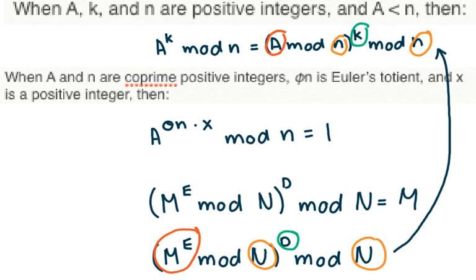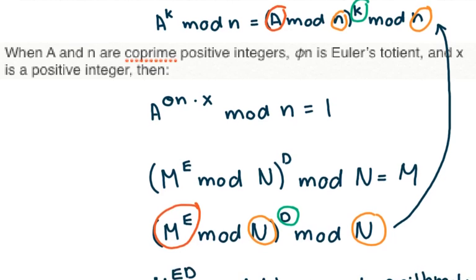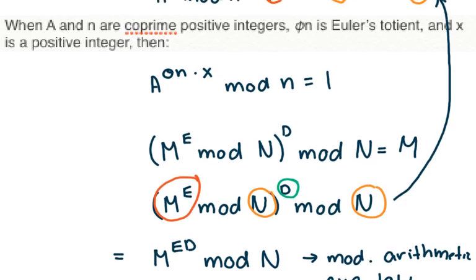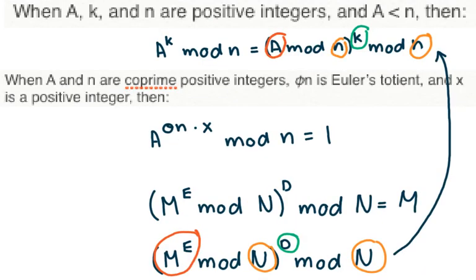So the modular arithmetic exponentiation law tells us that m to the e power mod n all raised to the d power mod n must equal m to the e d power mod n. Notice that for this to work, m to the e power, which we said was like a, has to be less than n, that semi-prime number in RSA encryption.